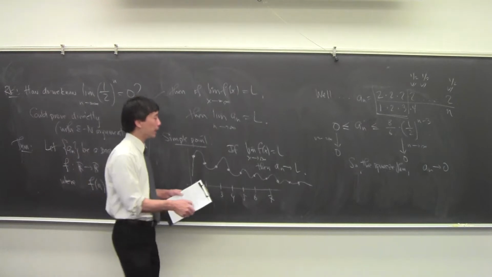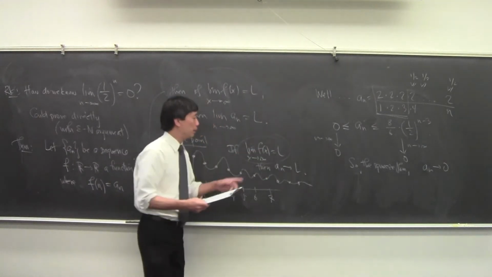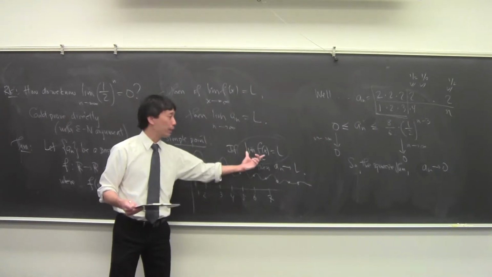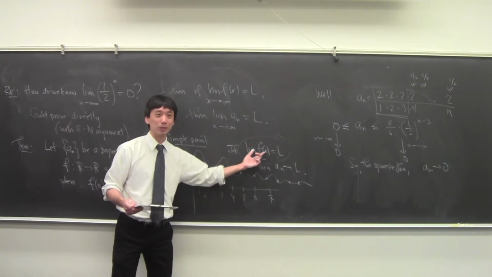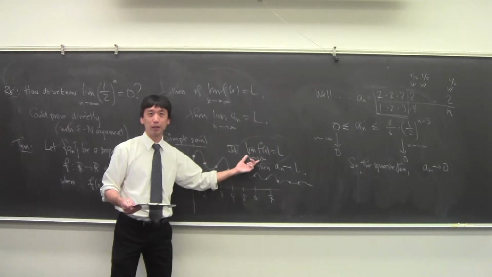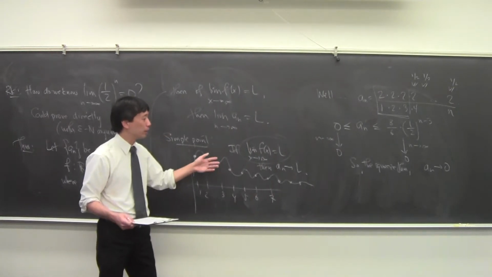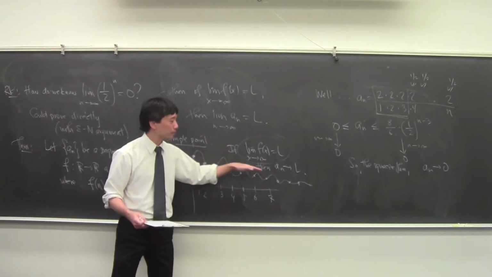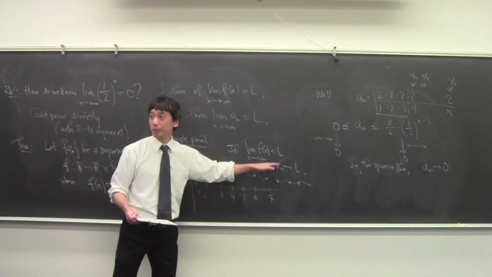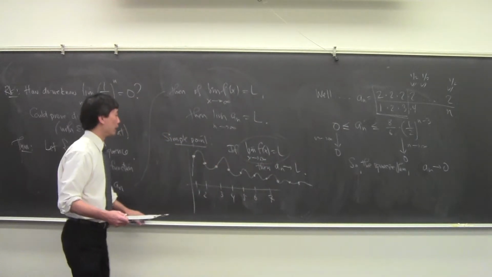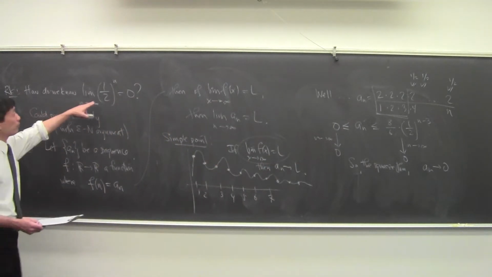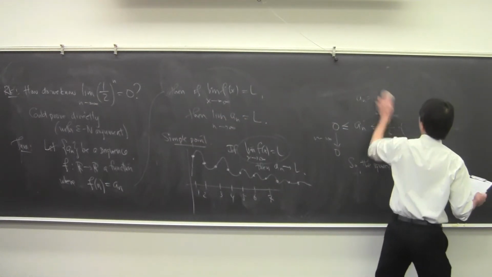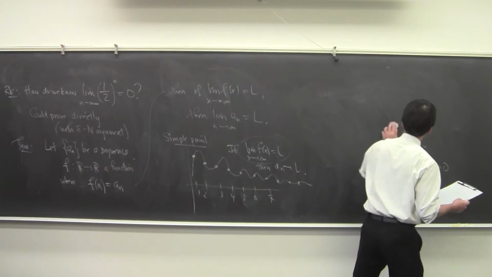Basically we're saying that we can use some tools from calculus, because in calculus I hope you've seen limits of functions as x goes to infinity. If we can find some function that agrees with this sequence and the function converges, then the sequence also converges. So how do we know that 1/2 to the n converges?